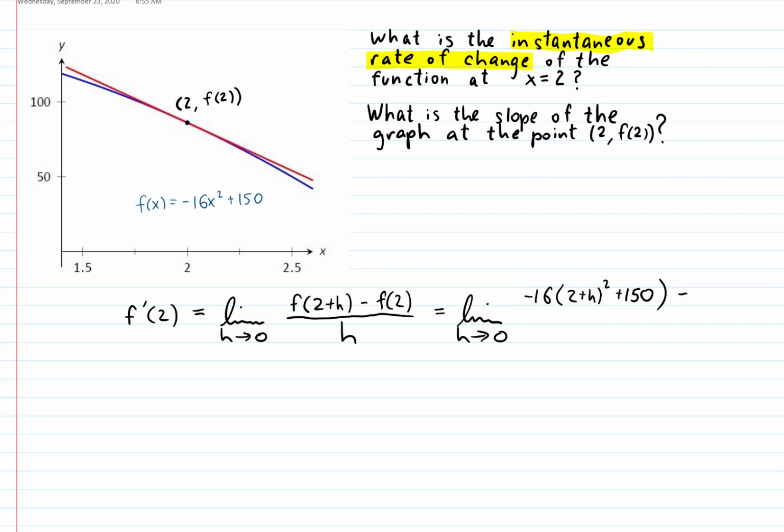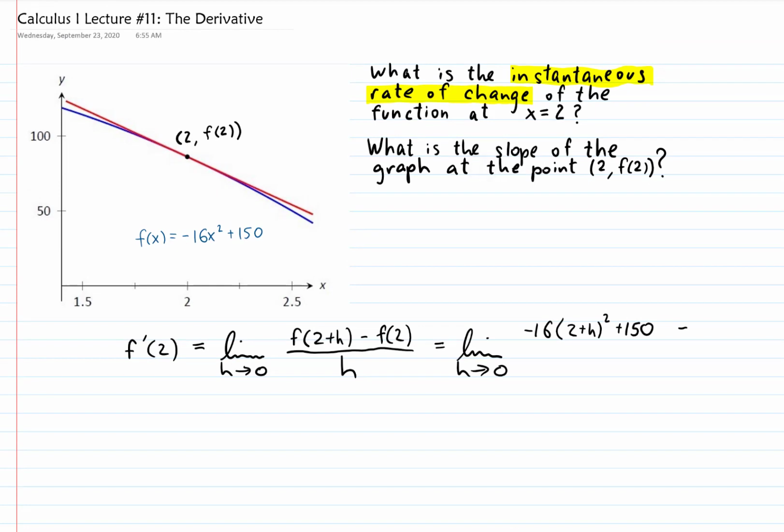Actually, I don't really need those parentheses. I'm going to erase them. So we subtract f of 2, which is 86. Where am I getting the 86 from? I'm just plugging 2 into the function, and you end up with 86. Okay, divided by h.